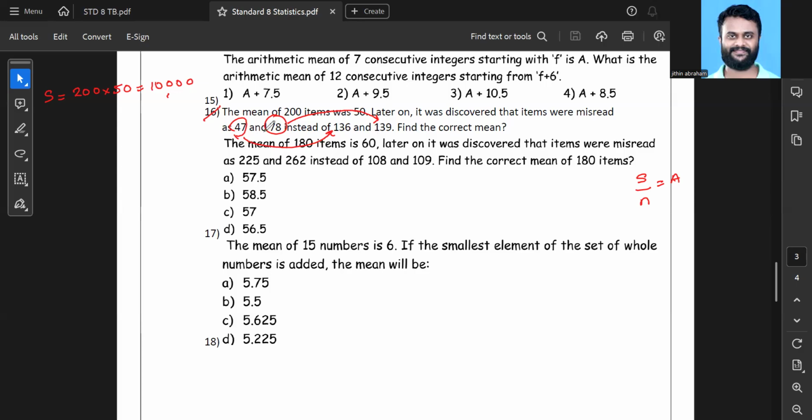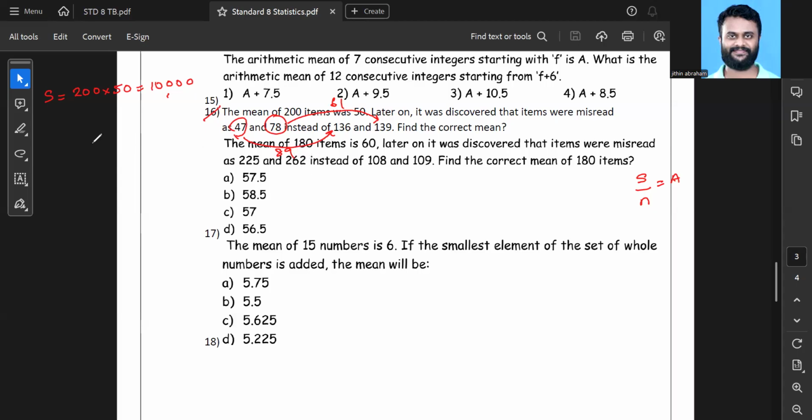When we replace 47 by 136, we add the difference between 136 and 47, which is 89. Then 139 minus 78 gives you 61. So we are going to add 89 and 61.